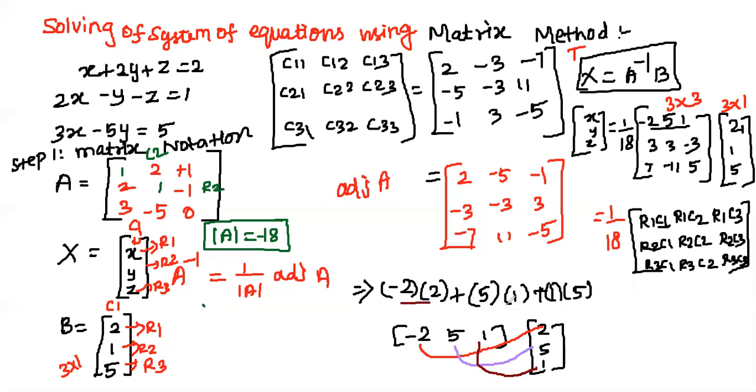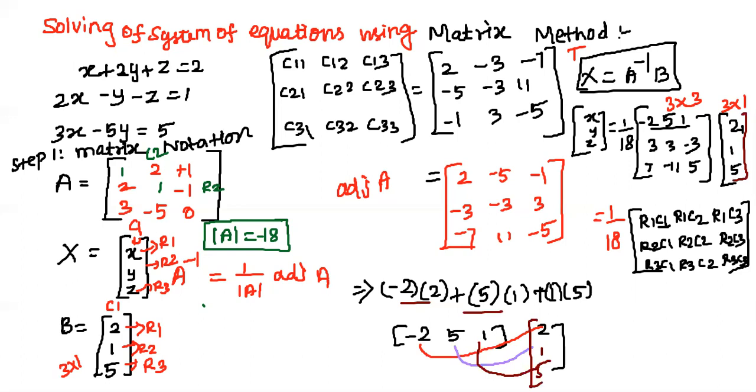It's minus 2 into 2, 5 into, did I write 1? It's 2, 1, 5 here. So it's 5 into 1 and 1 into 5. Are you getting it, Redal? Yes, ma'am.